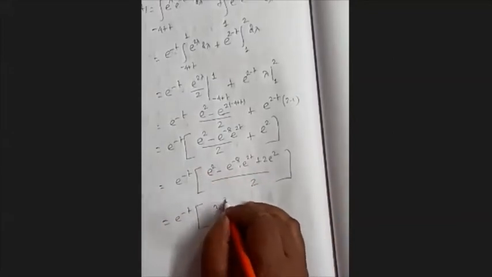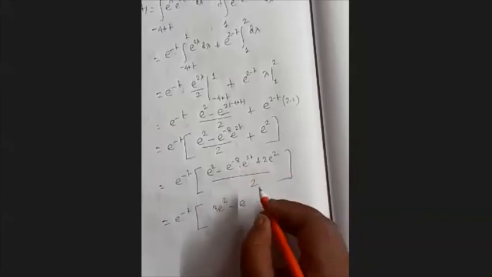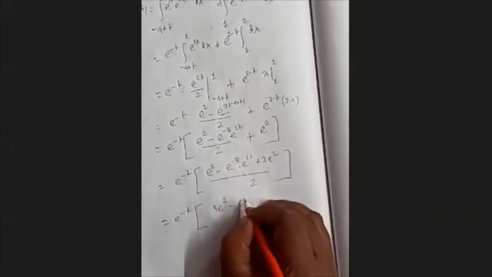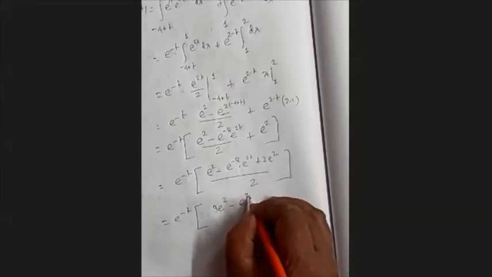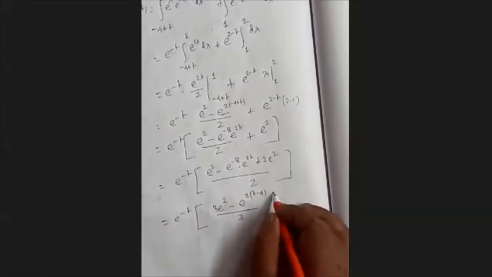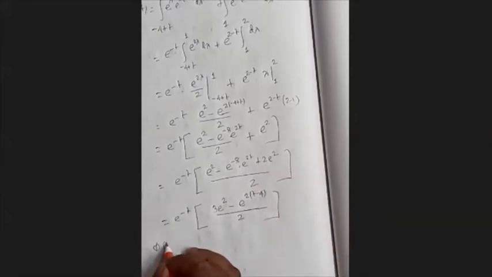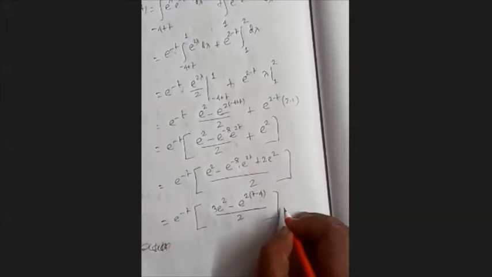Better I write, take 2 as common. So t minus 4 to look good actually. So better I do it this way. So that is our answer. I am not writing it. This is for t in between 4 and 5.